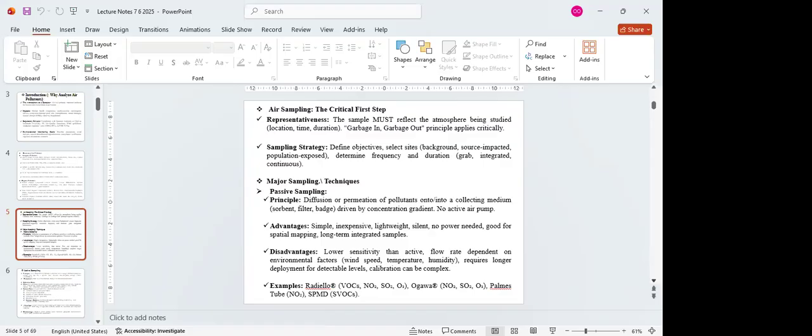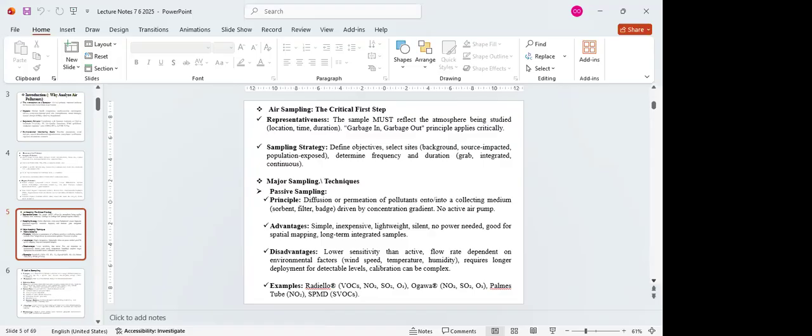And it is good for spatial mapping. You do it within an environment, and of course, you easily do your GIS mapping or your AI automated or empowered location systems. Now, with this passive sampling, you can also carry out long-term integrated samples.